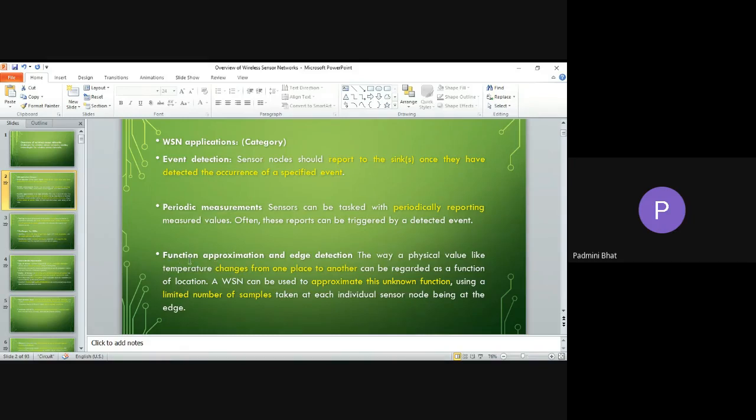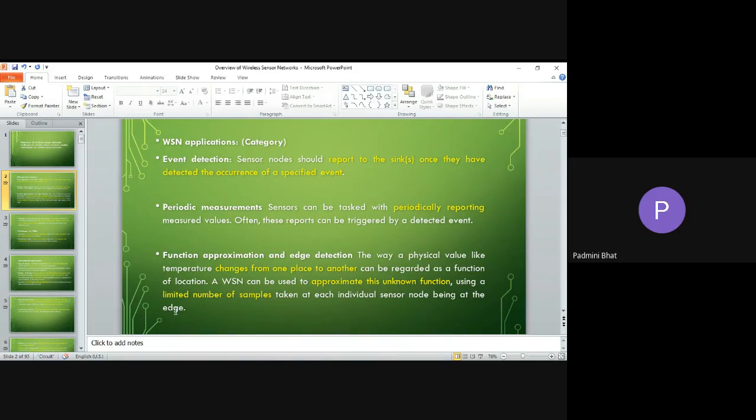Next, it can be used for function approximation and edge detection. The way a physical value like temperature changes from one place to another can be regarded as a function of location. The wireless sensor network can be used to approximate this unknown function using a limited number of samples taken at each individual sensor node, being at the edge.